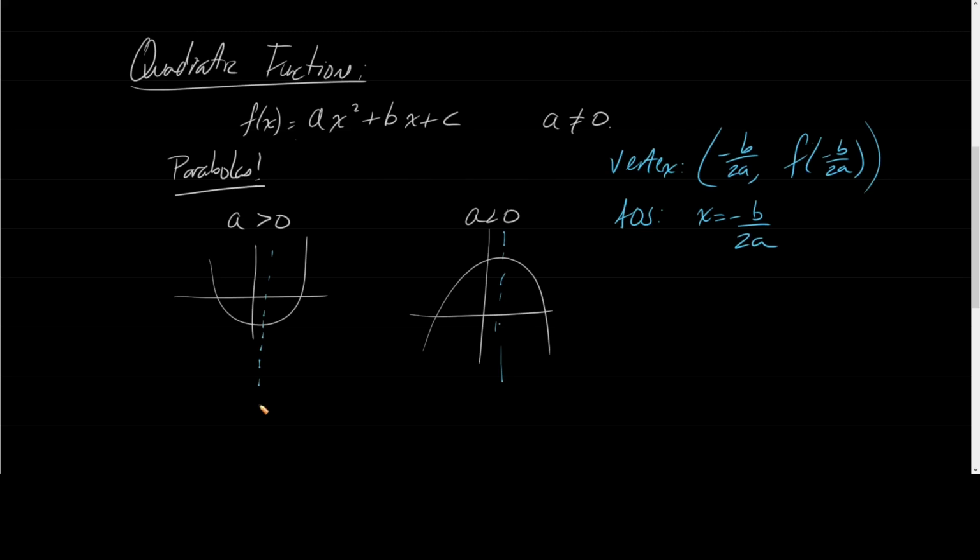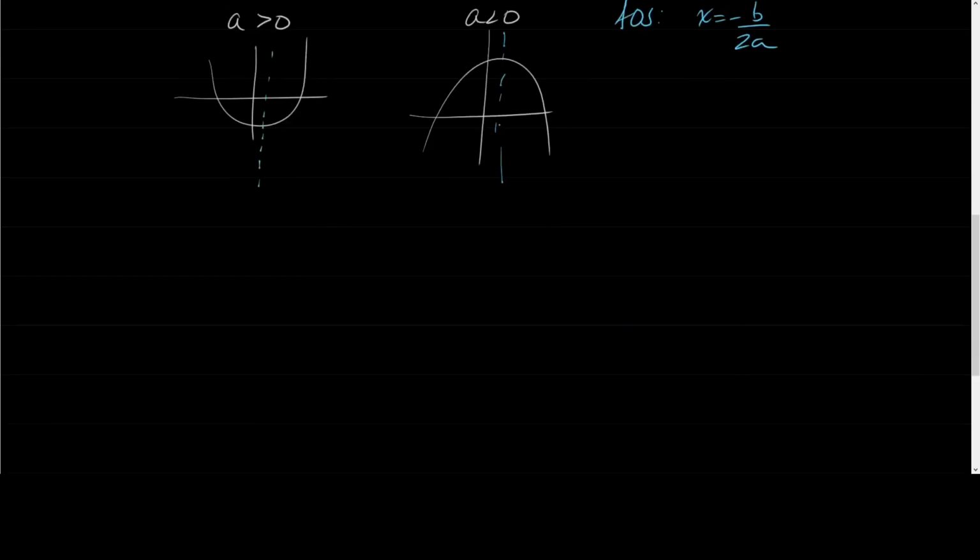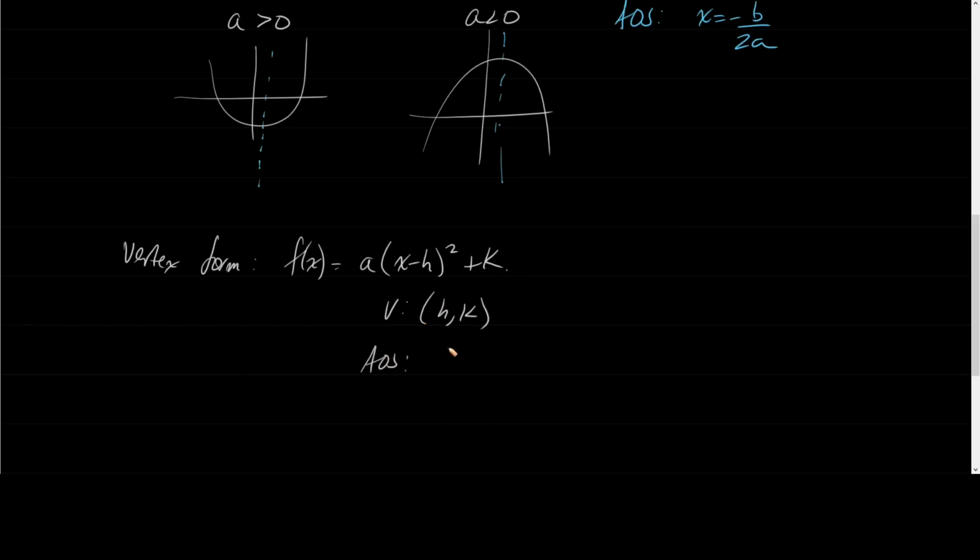Now we've spoken about quadratic functions before, but we spoke about them in the vertex format. The vertex form of a quadratic function is f of x equals a times x minus h squared plus k, and here the vertex is at the point h comma k, and the axis of symmetry is at x equals h.